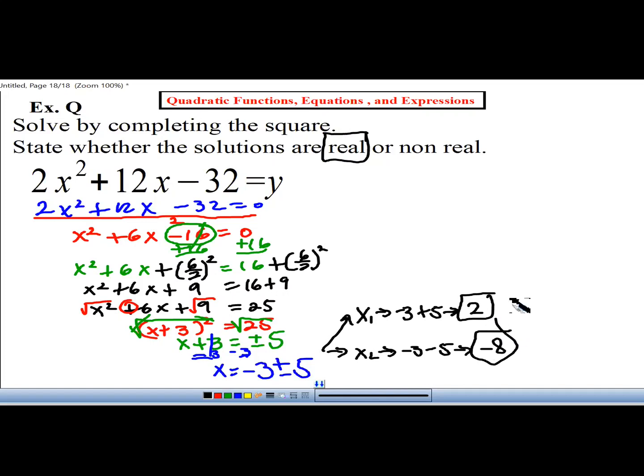So these are two real solutions. X-intercepts, roots, zeros. Real solutions. Once again, when will it be non-real? When it's a square root of a negative number, or if you end up with an imaginary number, those will be non-real.